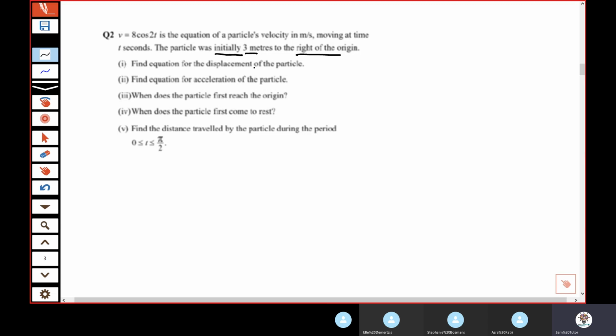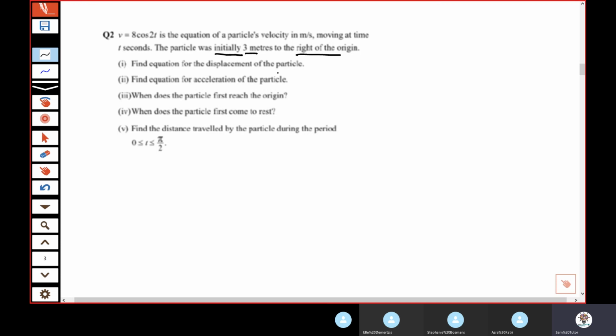Even though it says 3 meters, and this also says 3 meters, if this one's saying it's to the right of the origin, it's +3. If it says left of the origin, you have to remember it's -3. I've seen that done a few times in HSC, and a lot of students substitute x equals 3 because they just see 3, but you've got to remember it says left of the origin, so x should be negative.